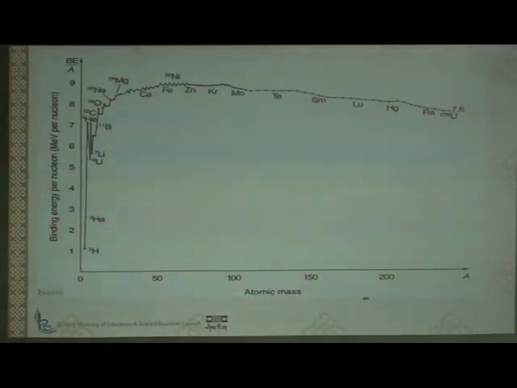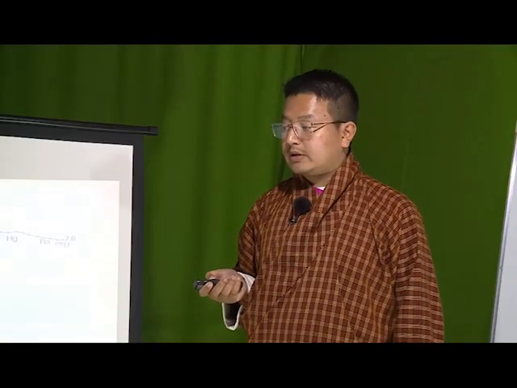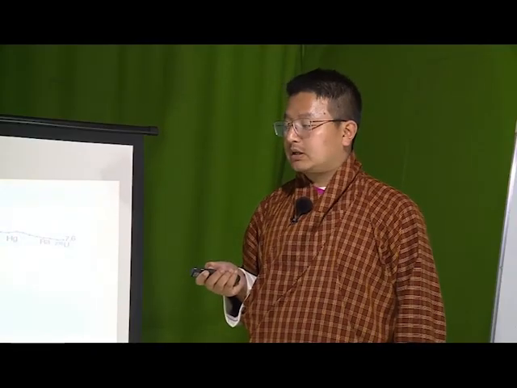Now, when the atomic mass increases, you can see out here that the energy released per nucleon keeps on increasing till it reaches the stability region. Beyond it, even when we increase the atomic mass, the energy released per nucleon decreases.